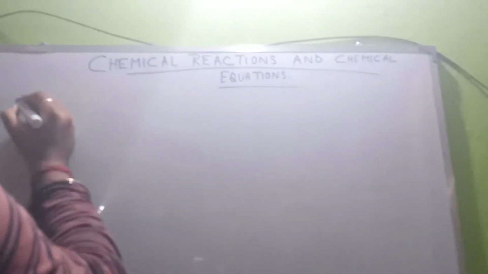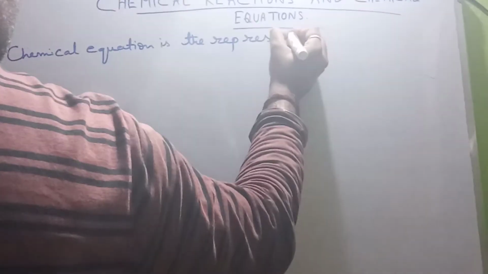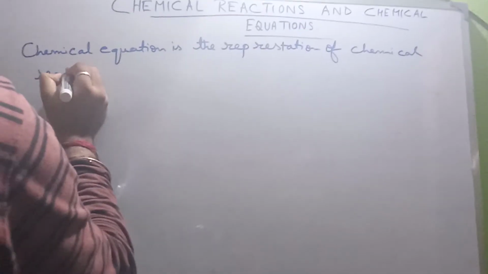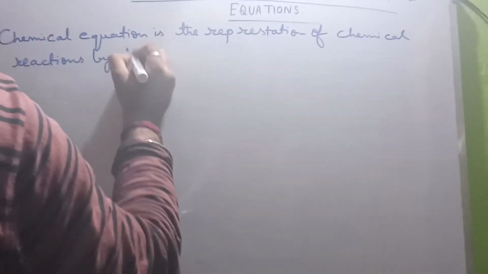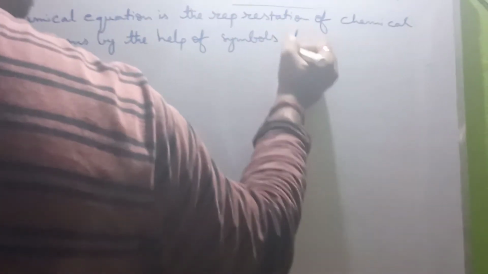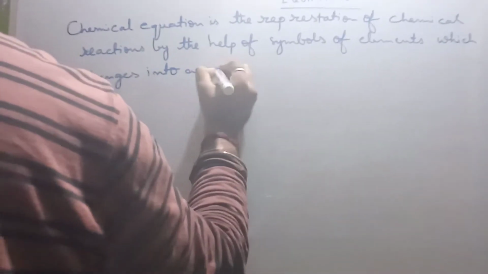A chemical equation is the representation of chemical reactions with the help of symbols of elements which change into a product.